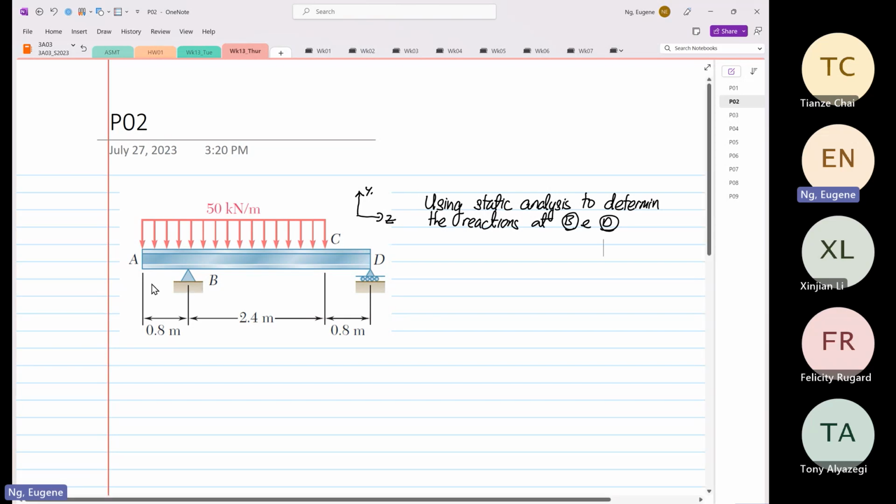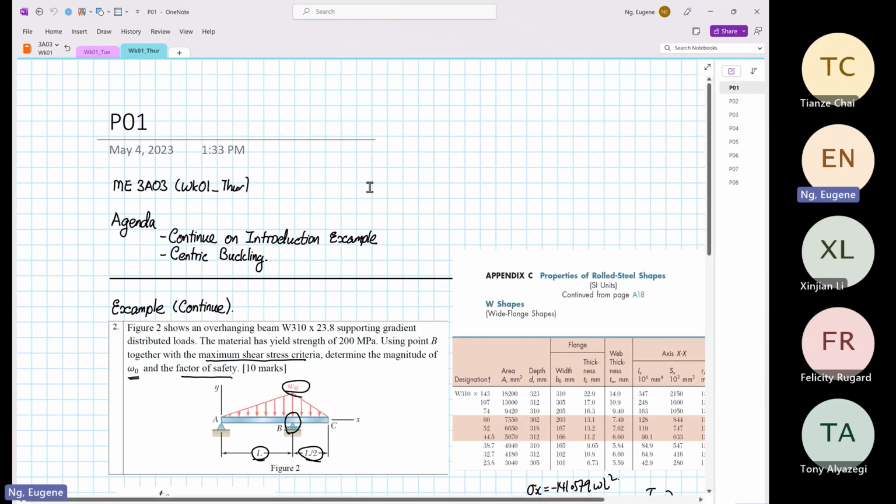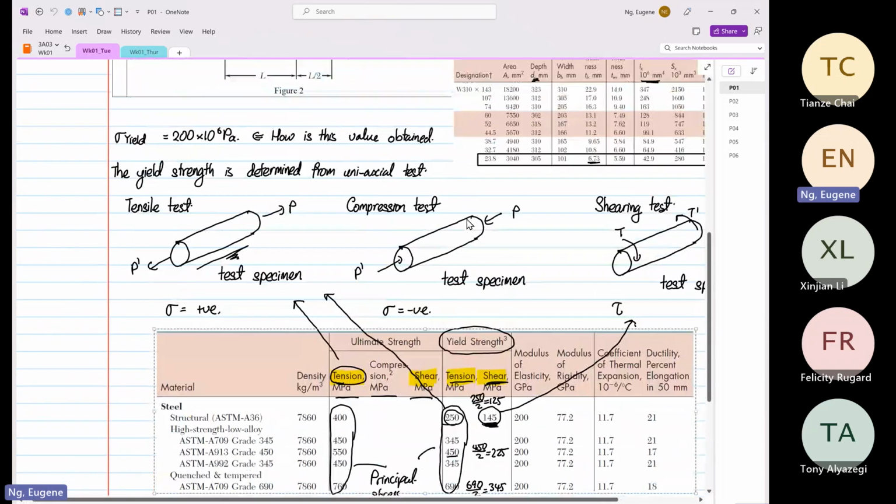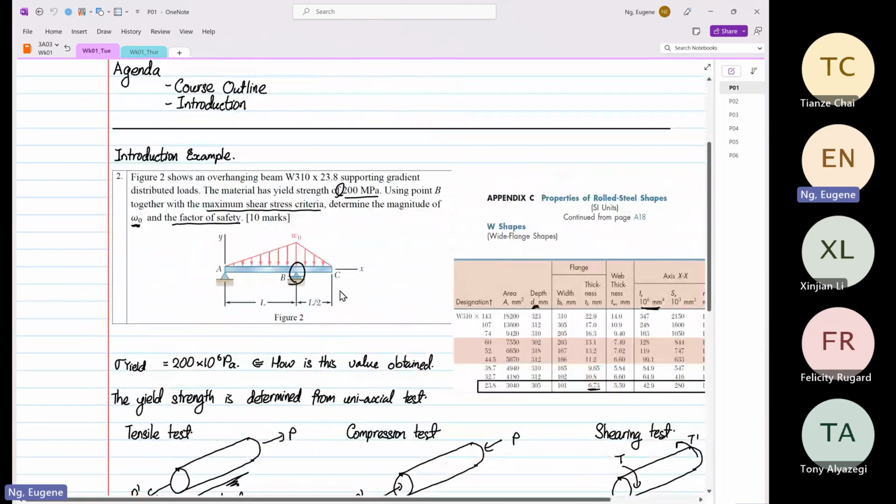So we know from point A to point C, we have an evenly distributed load. Point B and point D is our reaction. Now, if you go back to our lecture, week 1, we had a more complex problem. This is the example I showed you from the beginning of the course.